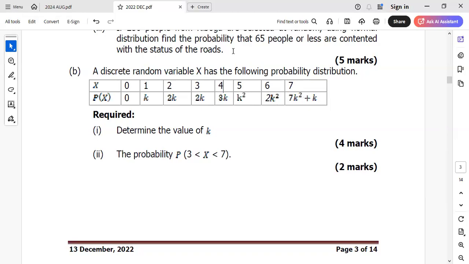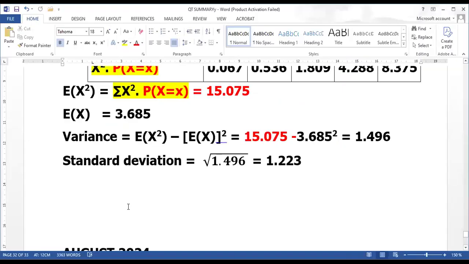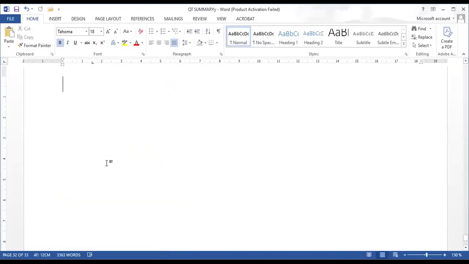So in this question, you have something like this: 0 plus the other cases.